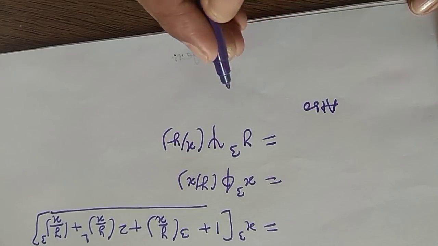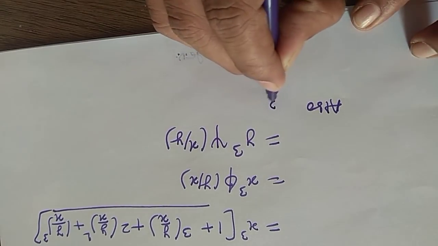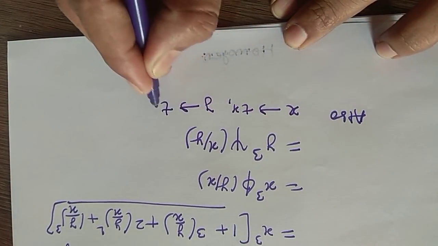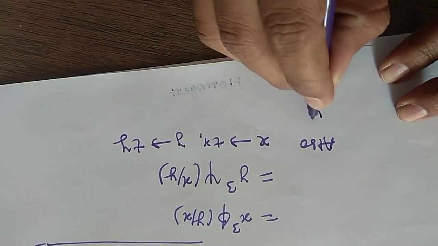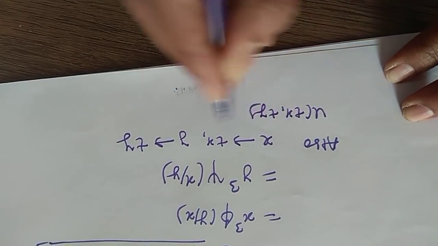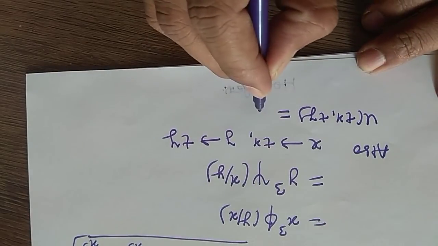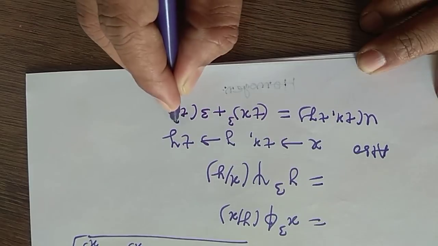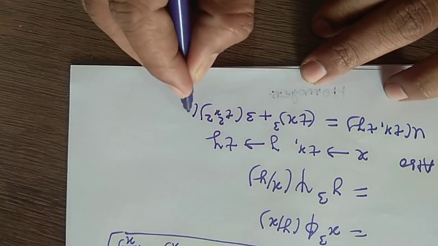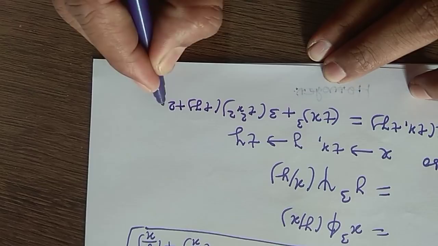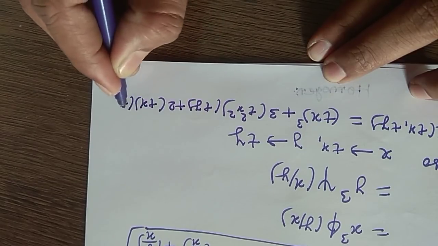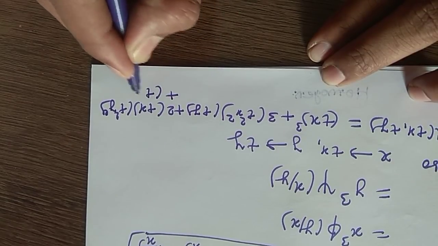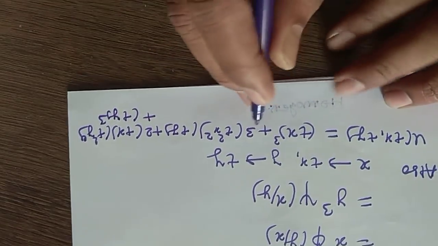Also, to check whether the given function is homogeneous or not, we can replace x by tx and y by ty. Then what will happen in the given equation? u of tx, ty is equal to (tx) cube plus 3 into t square x square into t y plus 2 into tx into t square y square plus (ty) cube.